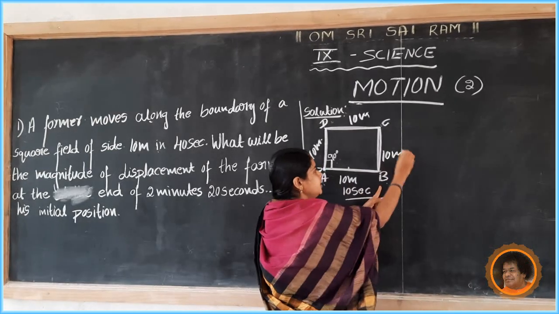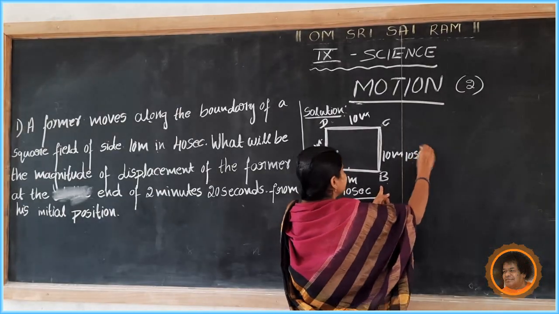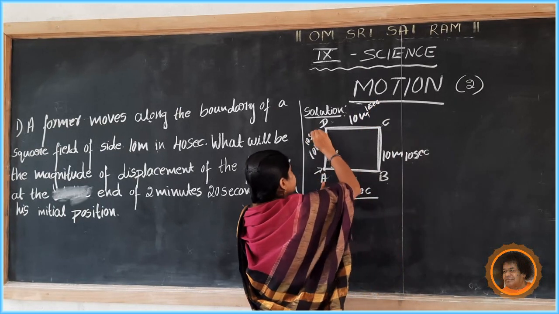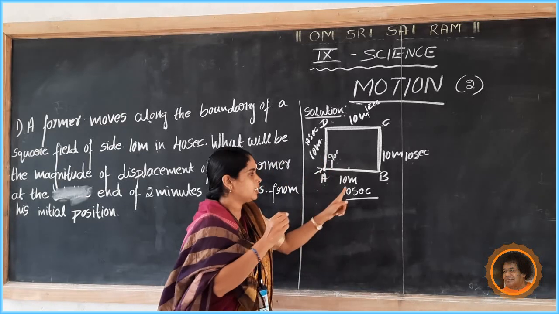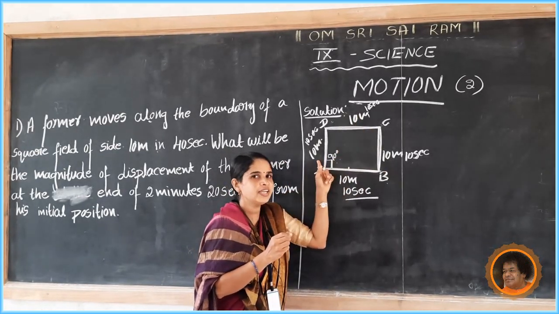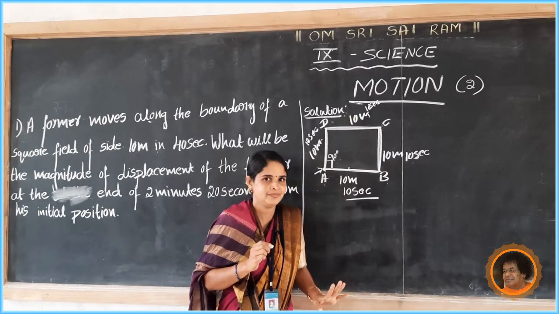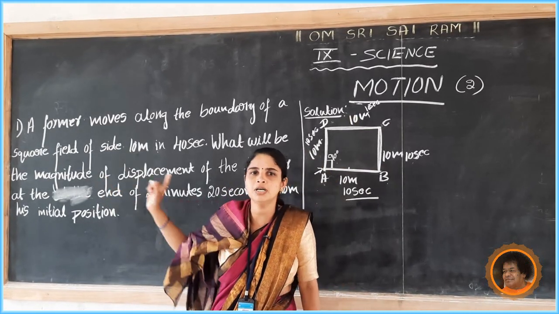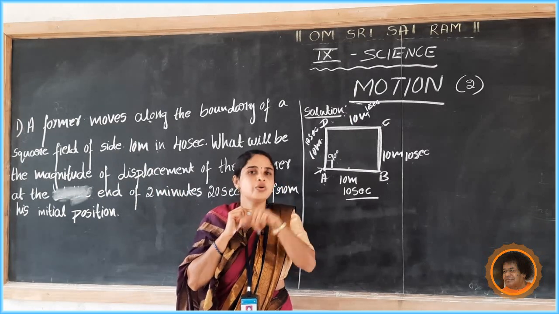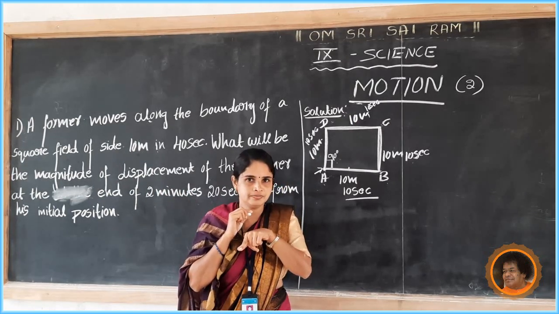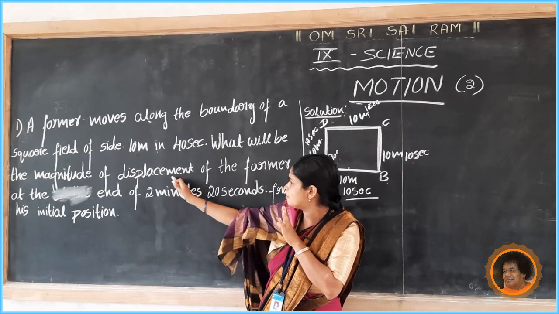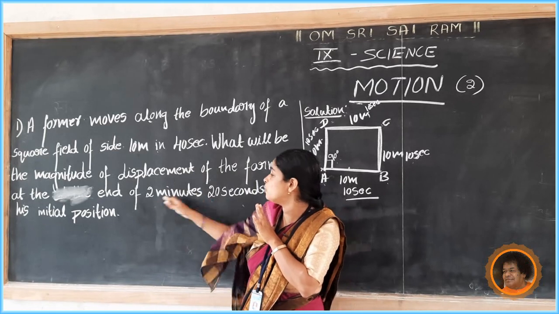Again B to C, he takes 10 seconds, and here also 10 seconds, here also 10 seconds. Total time 10 plus 10 plus 10 plus 10, that is 40 seconds. In 40 seconds he completes his first round. So calculate the displacement at the end of 2 minutes 20 seconds.